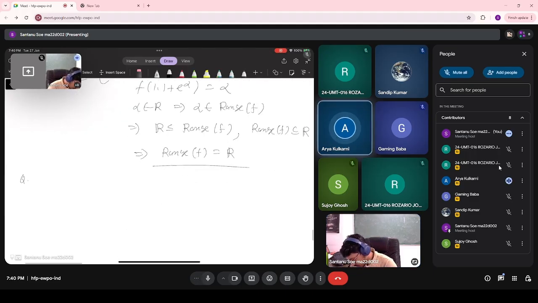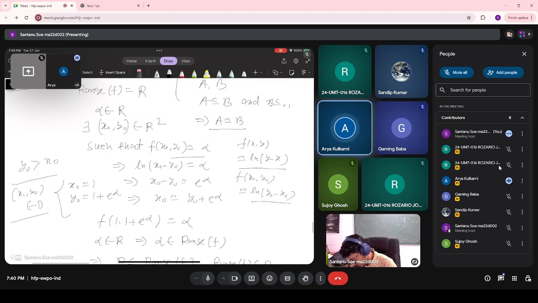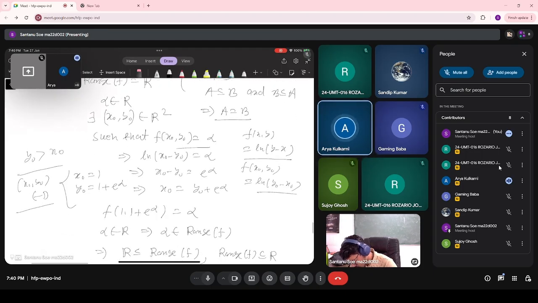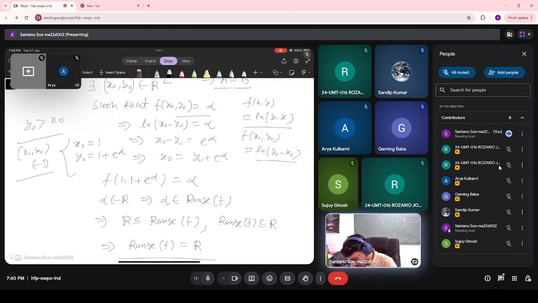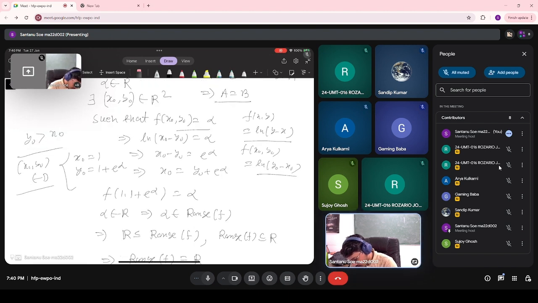Sir, how did you write alpha over there? F of 1 comma 1 plus e raised to the power alpha equal to alpha. Because this is how we find x0 and y0, right? I took y0 equals 1, and so this will be y0, not x0, and this will be x0.